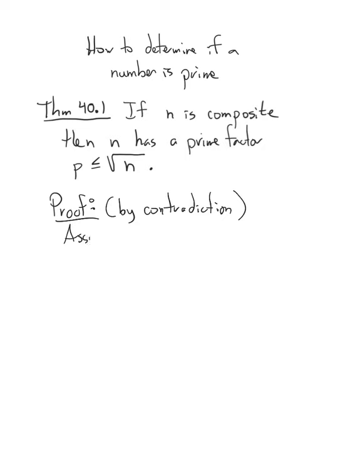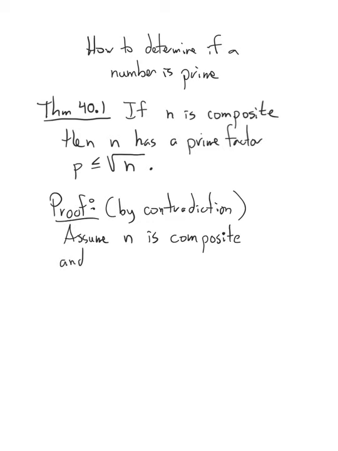So we're going to assume there is a counterexample. So assume that n is a composite number. So it is made up of 2 or more prime factors, and that's going to be key for us, and the negation of the then part.